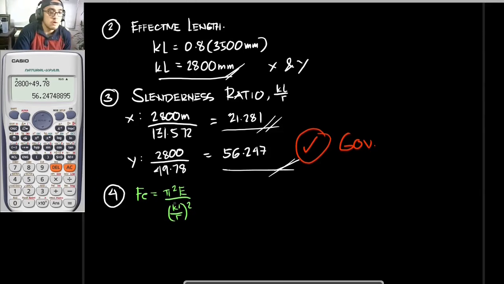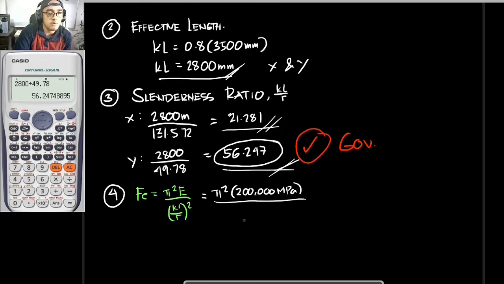Okay, so to solve for that, that is to be equal to pi squared times E, and the modulus of elasticity for steel would be 200 gigapascals, or that is to be 200,000 megapascals. That is to be for the value of E. So we would be dividing this by KL over R squared. And our slenderness ratio, KL over R, is to be 56.247.